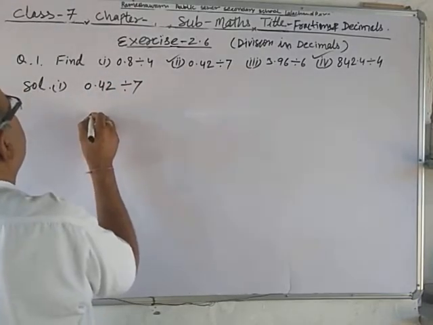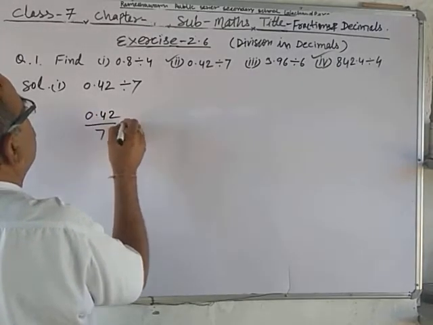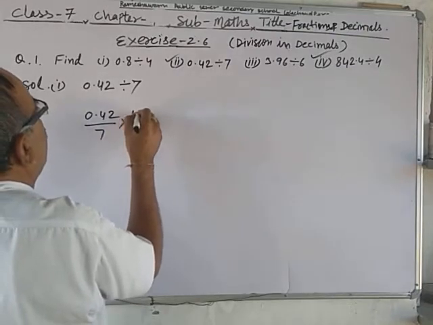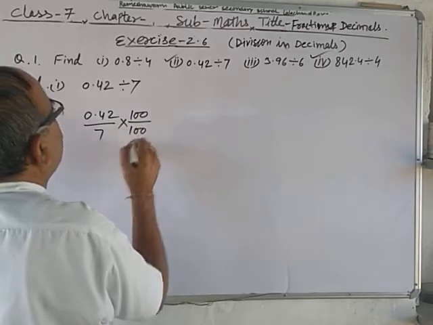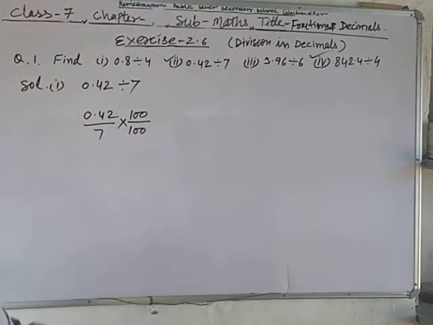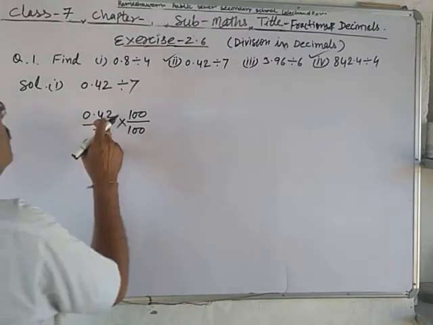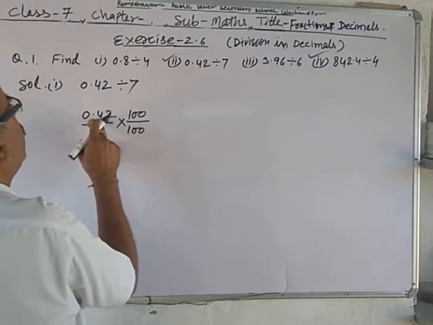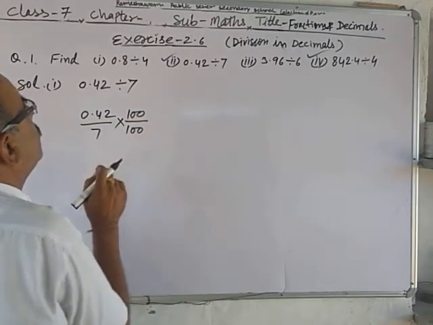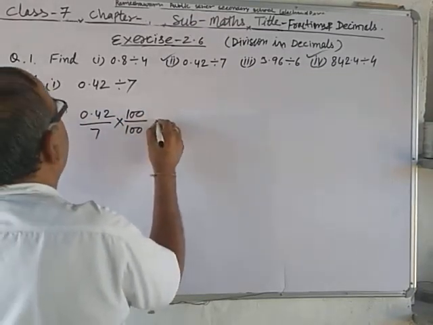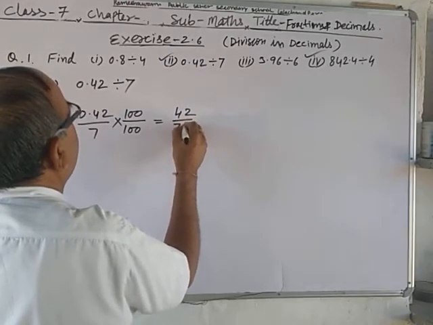We write it as 0.42 upon 7, multiplied by 100 with numerator and 100 with denominator, because this decimal has 2 points, so we multiply by 2 zeros, the number 100. It equals 42 upon 700.